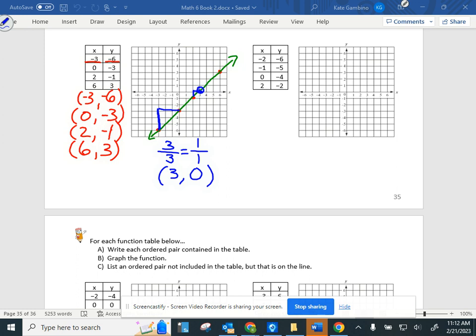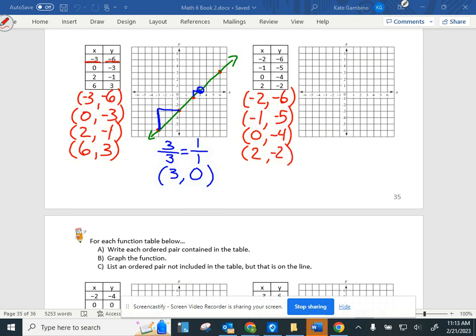Let's do one more together. Who can tell me what my ordered pairs are for this last one on this page? And I know I still have a few friends who are trying to make sure we understand what we're doing. Riziki. -2, -6, -1, -4, 0, -3.